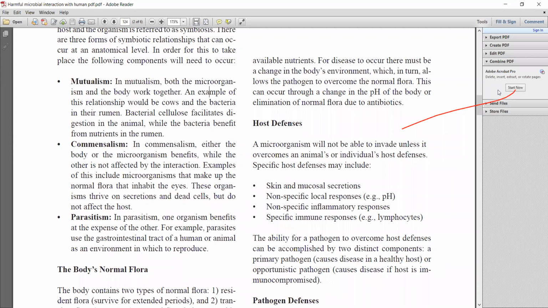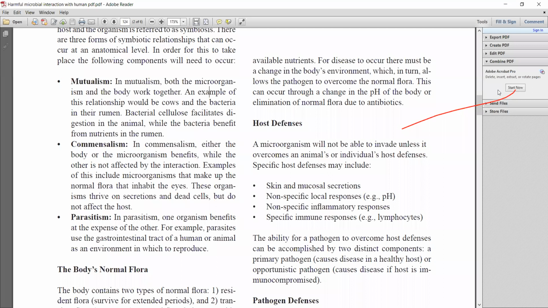Now the host defense. A microorganism will not be able to invade unless it overcomes an animal's or individual's host defense. Host defense means the defense mechanism that the person has, or in the case of animals, they also have their own host defense.